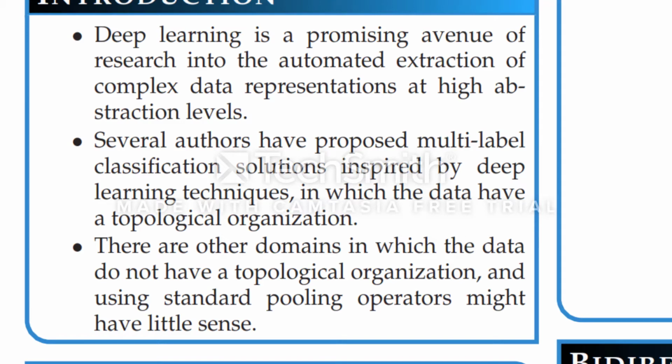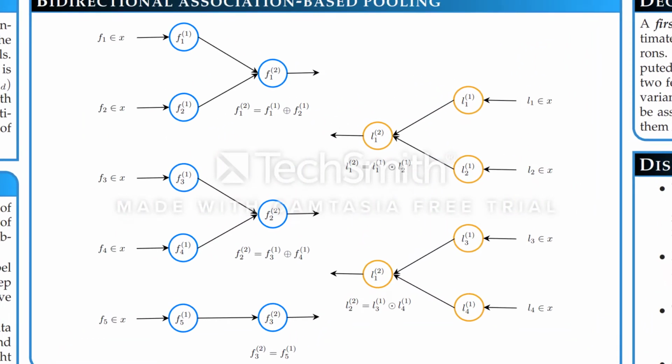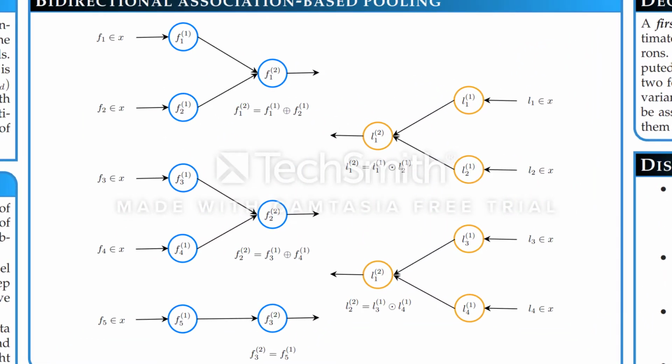From there, we propose a deep neural architecture to extract high-level features and labels in MLC problems. Unlike the classic use of pooling, this approach does not require pooled pixels but problem features or labels. This architecture is composed of several stacked association-based pooling layers, built starting from the features and the labels at the same time.